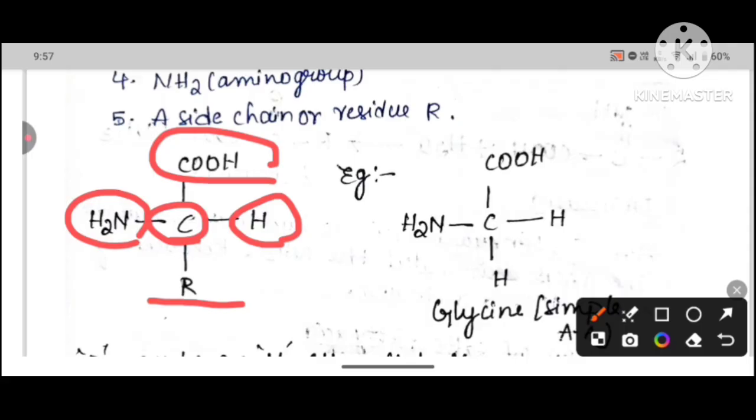Here the key difference is at the R group. If any atom replaces this R group, then the type of amino acid changes. For example, if the R is replaced by a hydrogen atom, then the amino acid is called glycine, and glycine is the simplest amino acid.